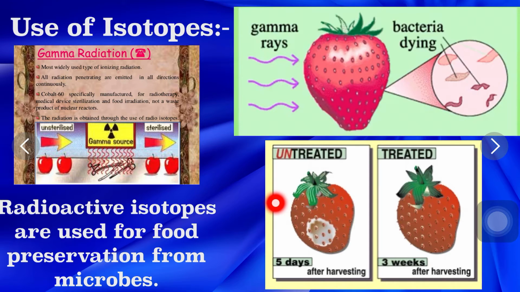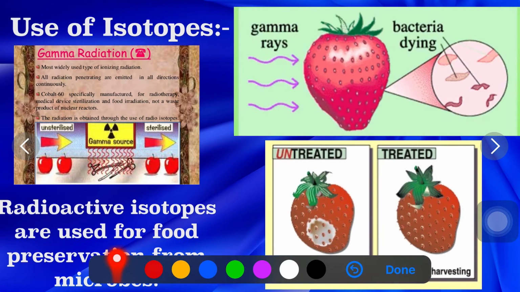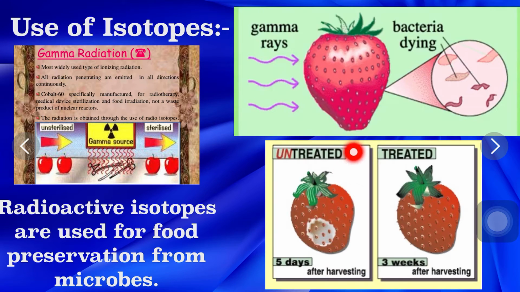It reduces post-harvest losses and disinfects agricultural commodities necessary for long storage or transport. It extends the shelf life of a product by reducing microbes. So it's a very useful method for preservation of food. For this process, radioactive isotopes are used.